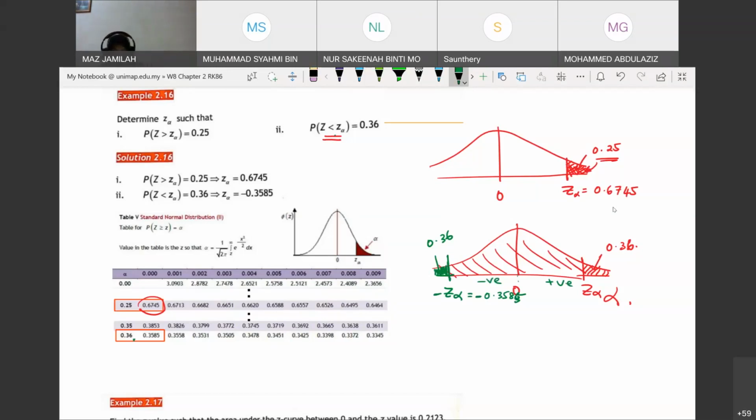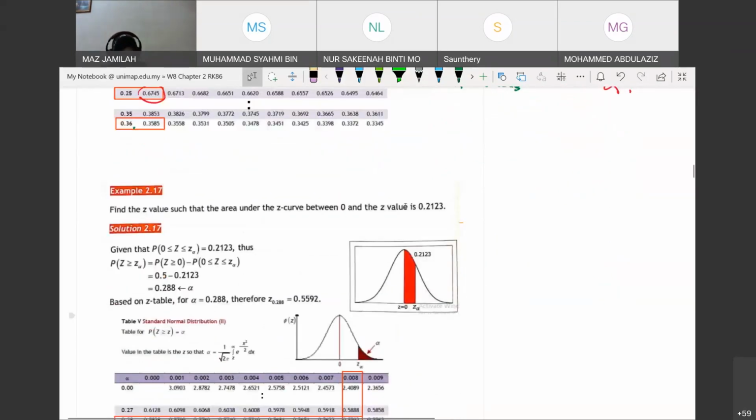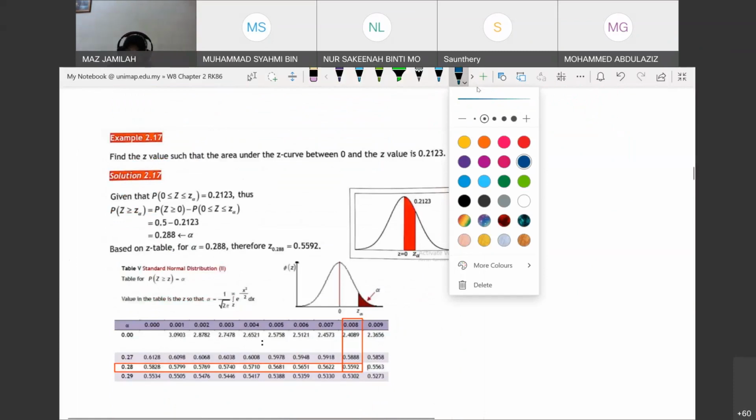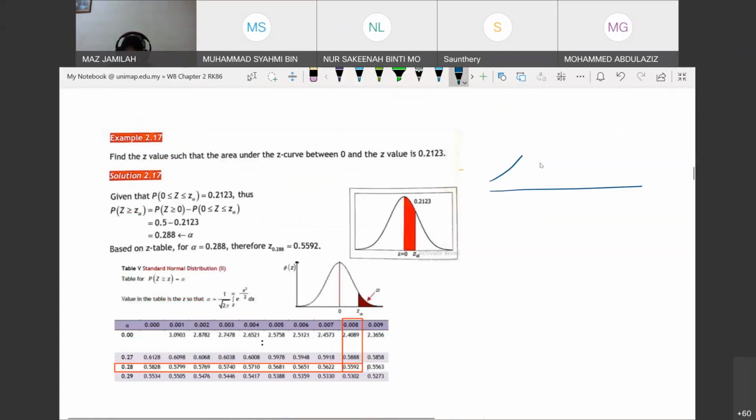Now that is the first way we can use the upper tail table. Next, find the z value such that the area under the z curve between 0 and z is 0.2123. You are talking about the area under the curve from 0 until z alpha, and the probability given is 0.2123.